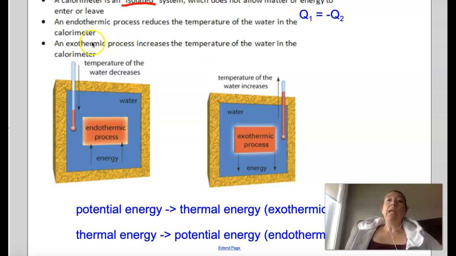So an endothermic process is going to reduce the temperature of the water in the calorimeter because that energy is being absorbed into the reaction. Okay, an exothermic process is going to increase the temperature of the water in the calorimeter because overall there's an excess of energy, so that potential energy gets converted into thermal energy, raising the temperature of the water in the calorimeter.